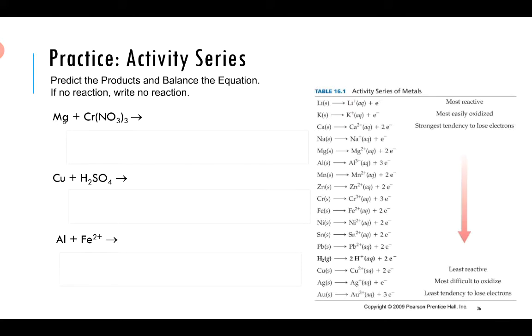We have magnesium, and we have, this is chromium 2 plus, no, not 2 plus, that's 3 plus, chromium 3 plus ions. Each nitrate is 1 minus. So that's chromium 3 plus. Let's find chromium 3 plus.